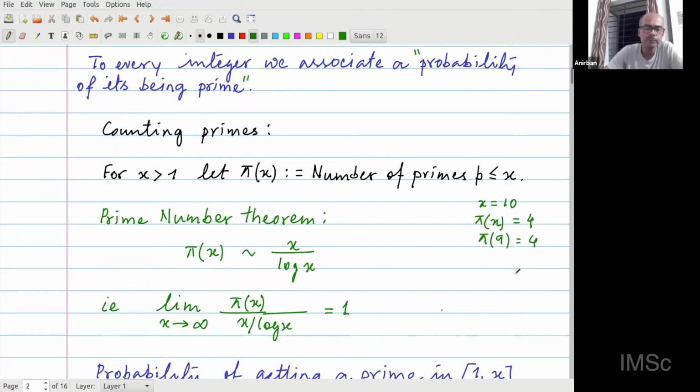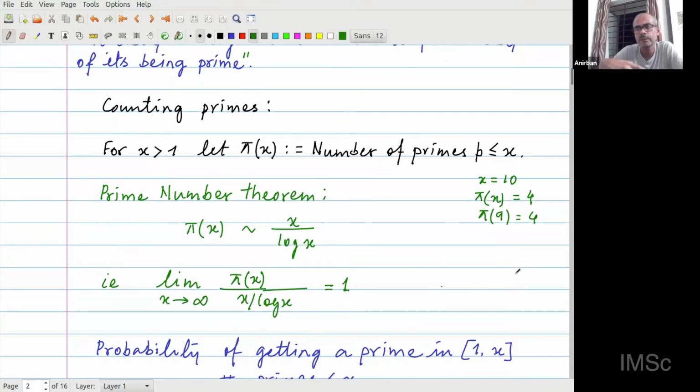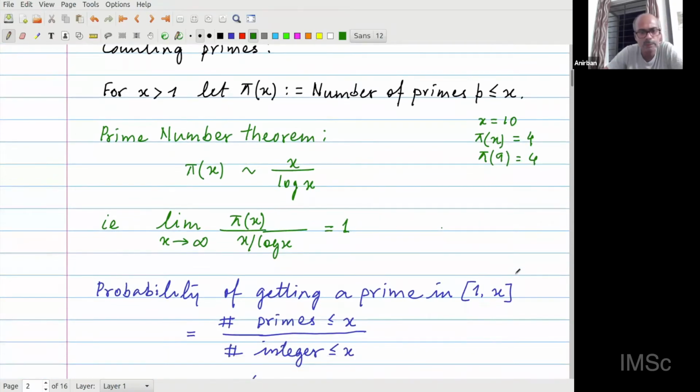So now if we think of this event of hitting upon a prime as a random event, so we are looking at integers between 1 and x, and we are just picking integers randomly, then what is the chance of hitting upon a prime? So the probability of getting a prime, if we are randomly sampling integers between 1 to x, should be the number of primes up to x divided by the number of integers up to x.